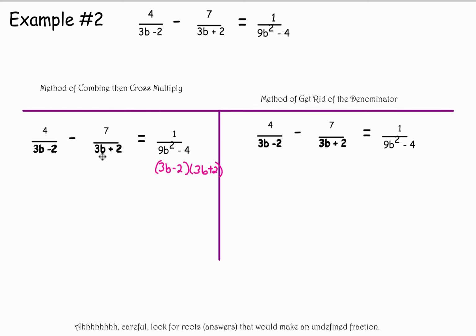Well, that means you need a 3b plus 2, and you need a 3b minus 2. And what I do to the denominator, I have to do to the numerator. All right, so I like seeing these in parentheses.